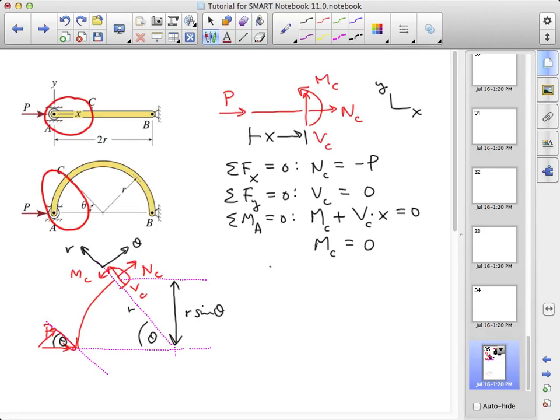Now our equilibrium equations. In the radial direction, we have Vc minus P cosine theta is 0. In the circumferential direction, we have Nc plus P sine theta is 0.